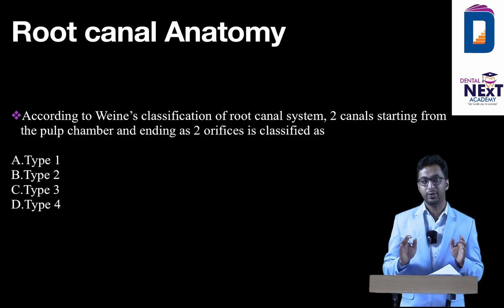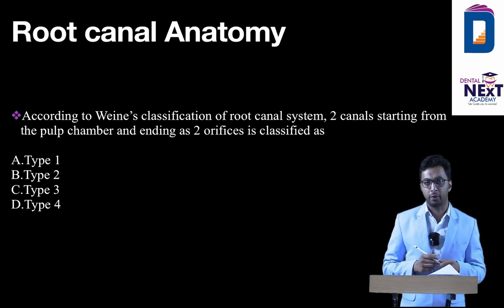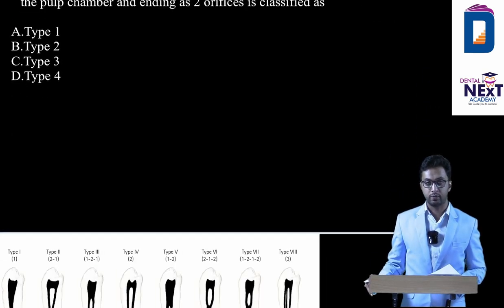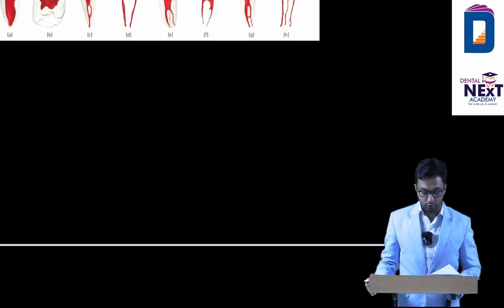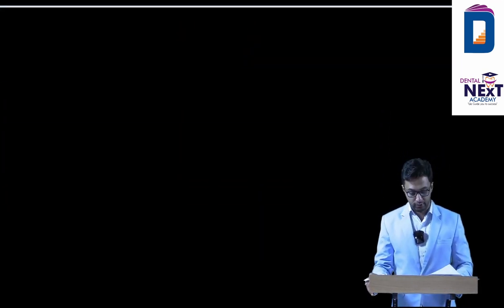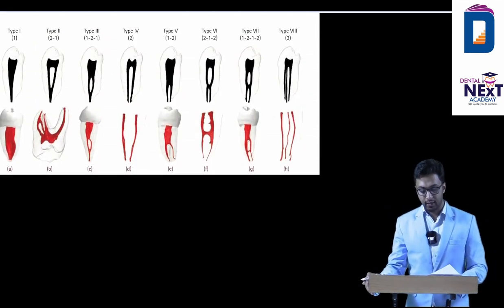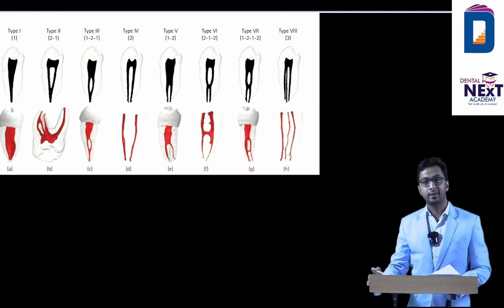Even if you think this is the answer, you are still not sure about it. That kind of area is this Weine and Vertucci classification. Even if you know, you forget it. You feel like you have some confusion. So what I'm going to do is discuss it in a way that it stays there forever.